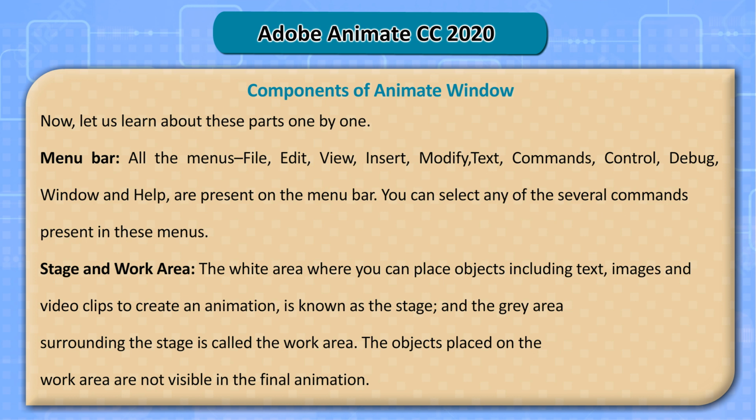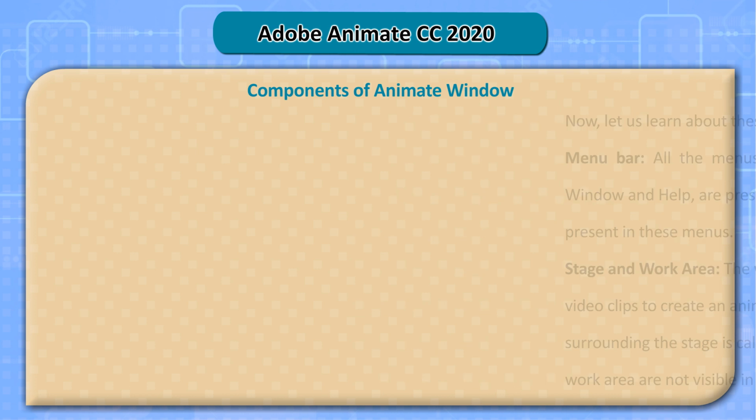Stage and work area: the white area where you can place objects including text, images and video clips to create an animation is known as the stage, and the gray area surrounding the stage is called the work area. The objects placed on the work area are not visible in the final animation.